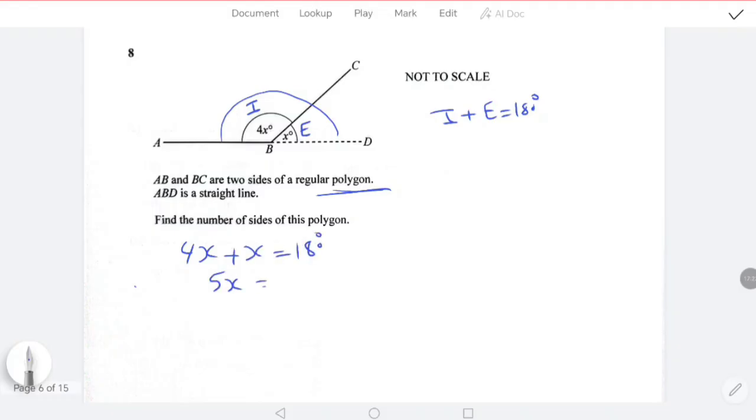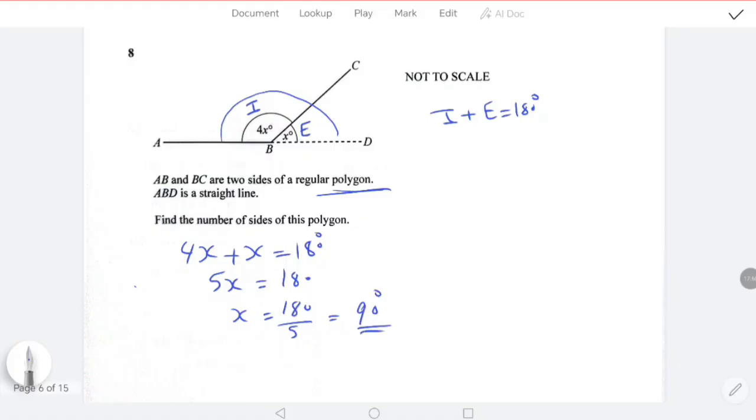So 5x equals 180, so x equals 180 over 5. Okay, 180 over 5, which is, yeah, it's like if you multiply by 2, right? So it'll be like 90. Yeah.